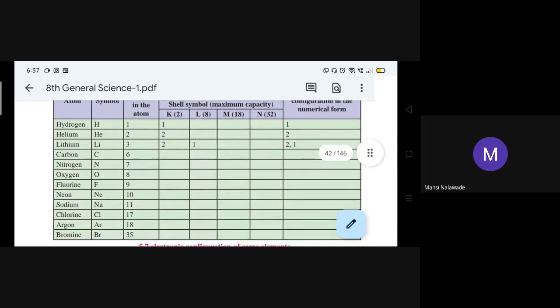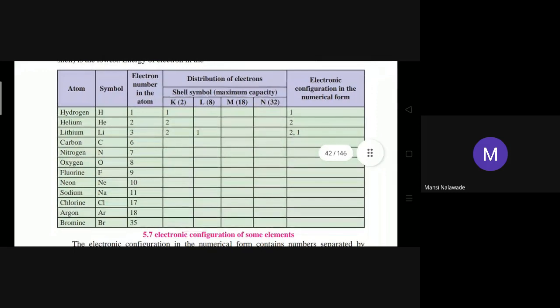And the number of electrons present inside the atom: H 1, He 2, lithium 3, carbon 6, nitrogen 7, oxygen 8, fluorine 9, neon 10, sodium 11, chlorine 17, argon 18, bromine 35.